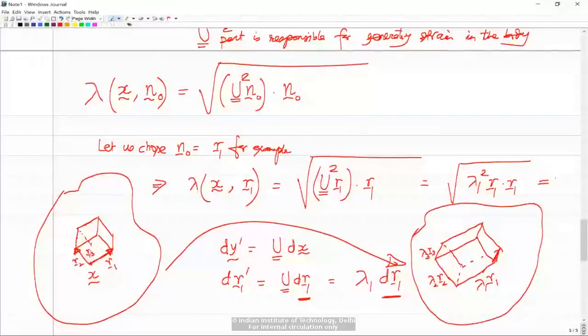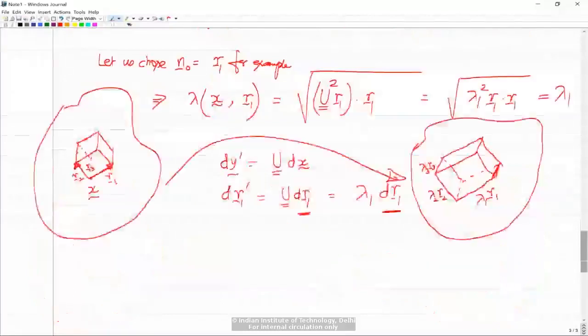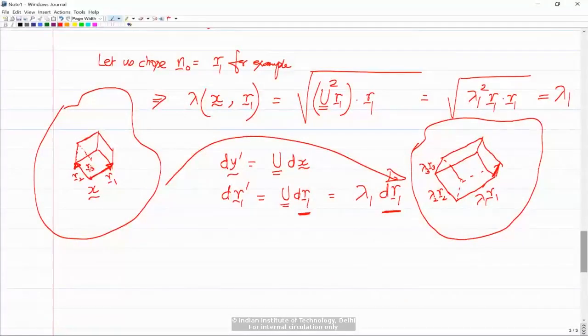So you see, it has such a nice physical interpretation. What U part is doing, you can think of a local cuboid whose sides are directed along the eigenvectors, and that cuboid is just getting stretched without changing the orientation. So that's the use of U part. And after U, then you apply the rotation part.